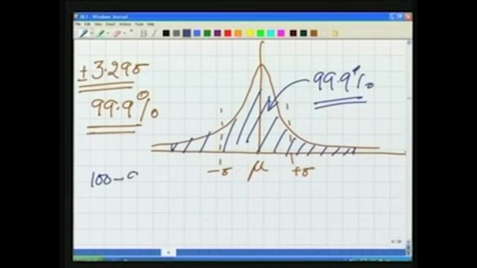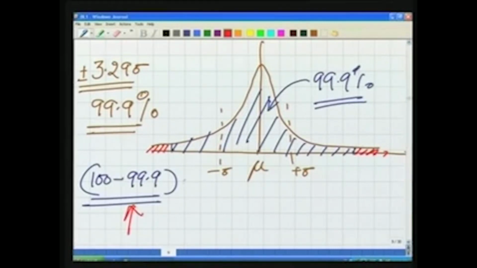Now, the rest of the data, 100 minus 99.9, will stay outside here, because this is a very feeble possibility.